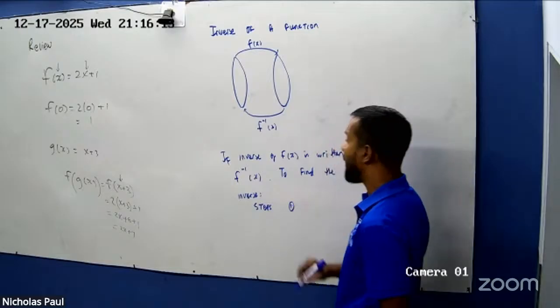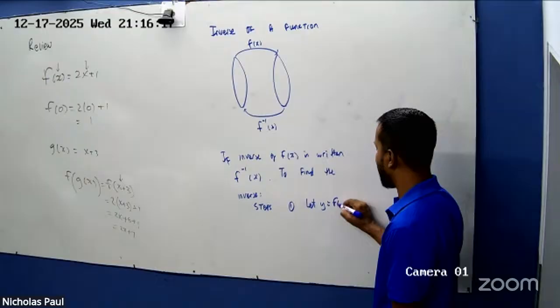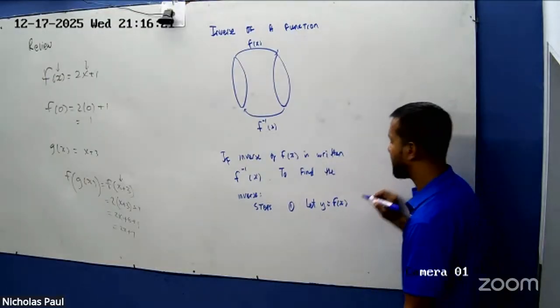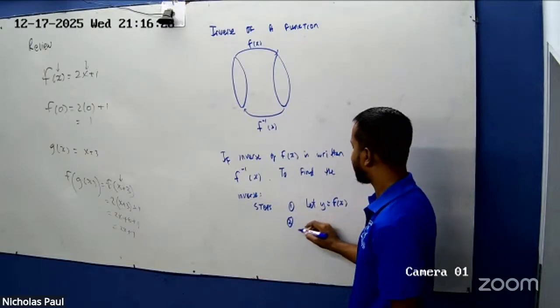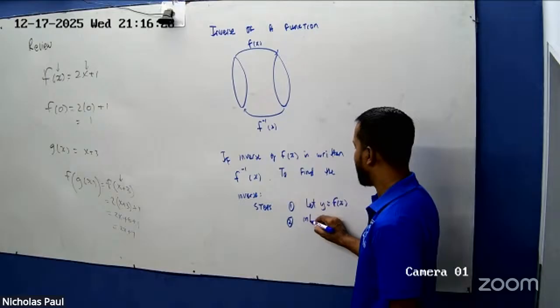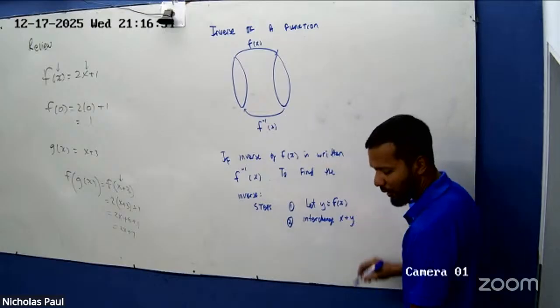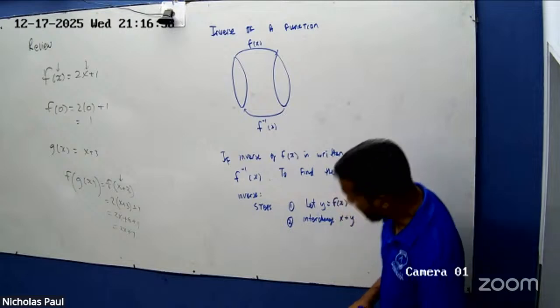Step one, let y equal to f of x. Step 2, interchange. So everywhere you have x, you interchange with y. Interchange x and y.